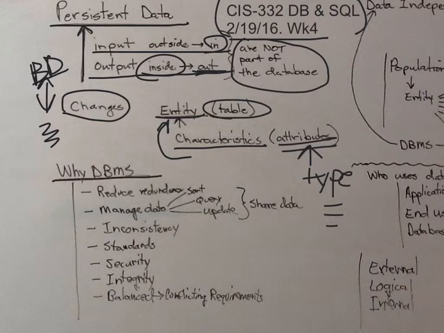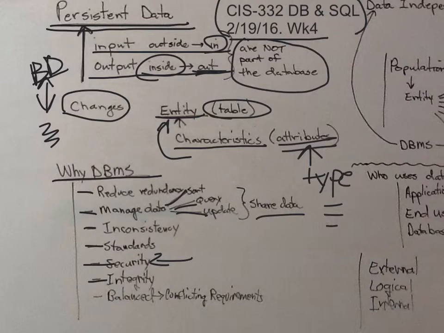Some things that databases do for us, not necessarily why, but reduce redundancy. It can manage the data: sort, query, update, share the data. Avoid inconsistencies. Data is all stored, it's persistent, it's in one place, stored on the hard drive or wherever. We can follow standards. Security was the issue.